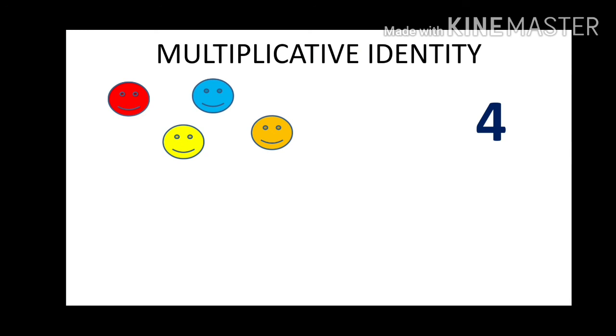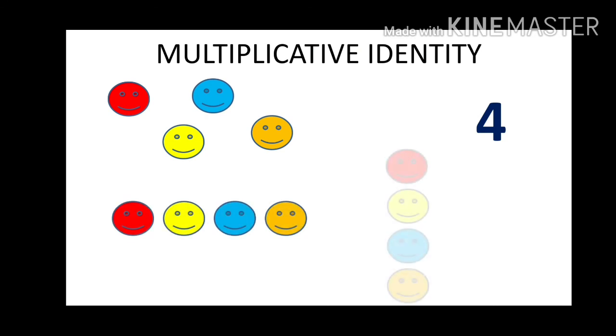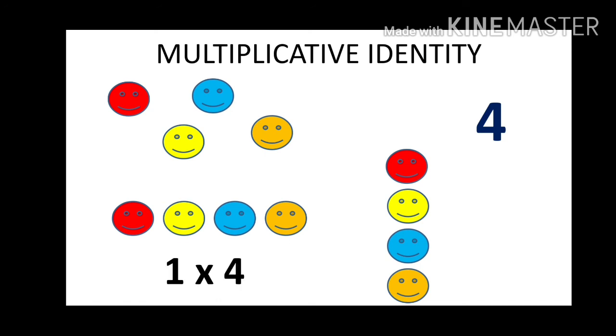Now multiplicative identity. These are 4 friends. So we have to arrange them in a single line only. So how can we do it? Either we can keep all of them in one row or in one column, so that all of them stand in one single line. So either in one row all the 4 or in one column all the 4. So these are the two arrangements possible.